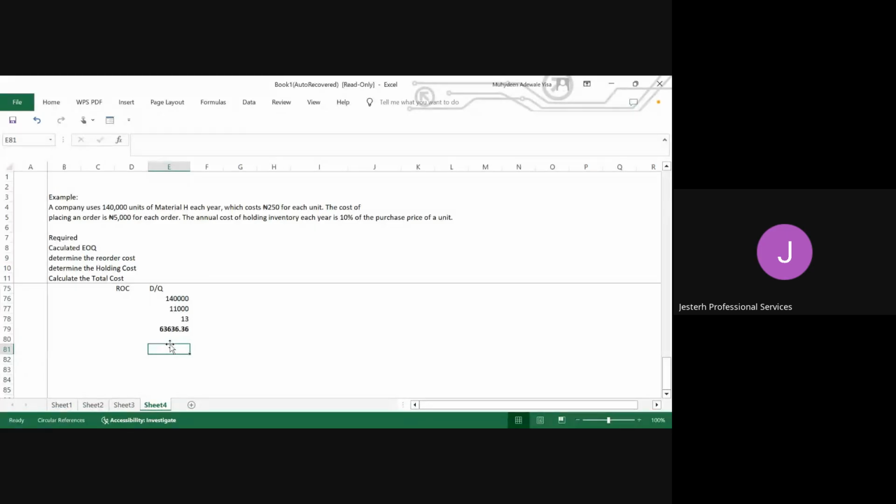Before, they planned to place this order 19 times in a period, maybe within a year, by purchasing 7,483 units at every order level.